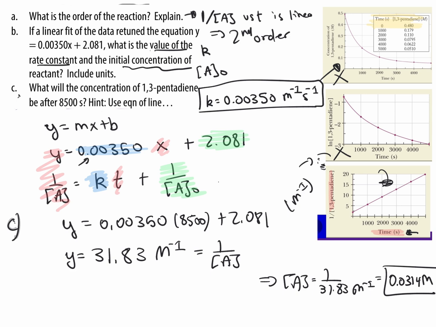What you can maybe also double check is your concentration versus time graph. After 5,000 seconds, the concentration was 0.0510. So we're at 0.0310 after 3,000 more seconds. That's plausible, right? If we got a concentration here that was like 0.1, that would be completely ridiculous because it was 0.1 a while ago.